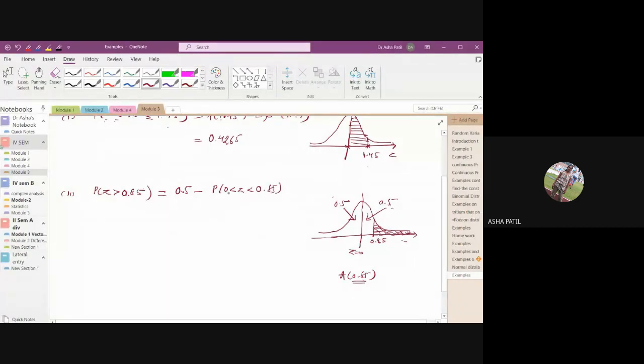Whether you write less than or less than or equal to doesn't matter, because it is continuous. If you subtract this area from the whole half area, you get the remaining part, that is 0.85 to infinity. So it is 0.5 minus A of 0.85. Now look at the table value of 0.85. See what we have.